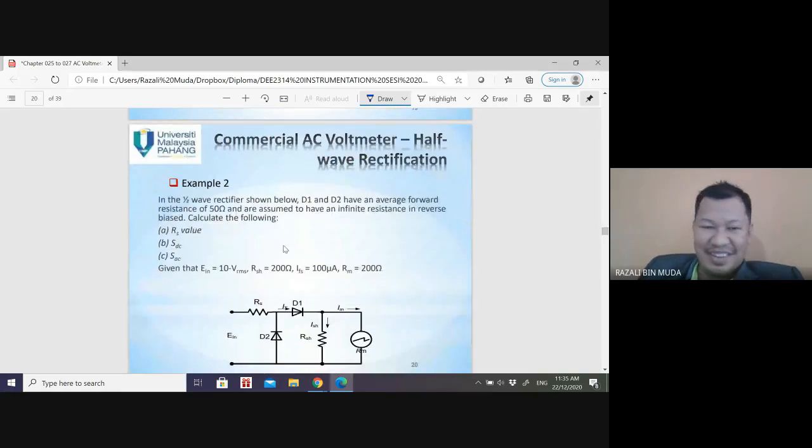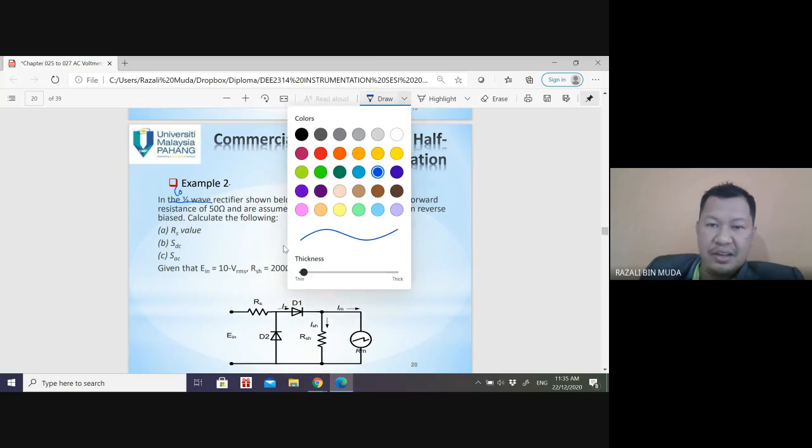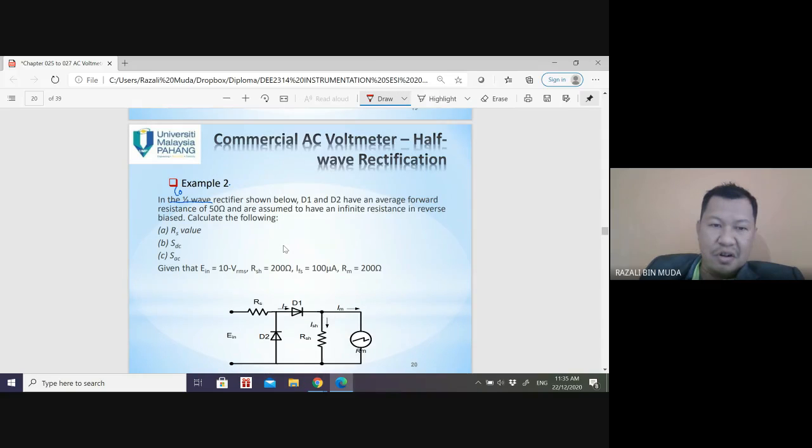Okay, example. Straight away example. Using the same circuit as just now, in the commercial half wave rectifier shown below, D1 and D2 have an average forward resistance of 50 ohm.